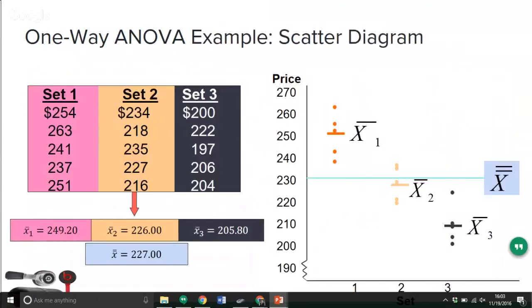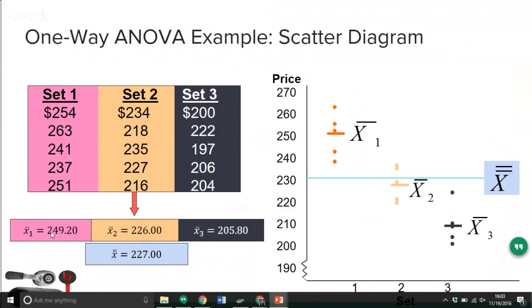So if we were to look at these different sets, we could find out that the over-the-ears one has a mean willingness to pay of $249.20. The earbuds have a mean willingness to pay of $226. The Beats pill has a mean willingness to pay of $205.80, and the total mean for all of the 5 people for all 3 of their sets is $227.